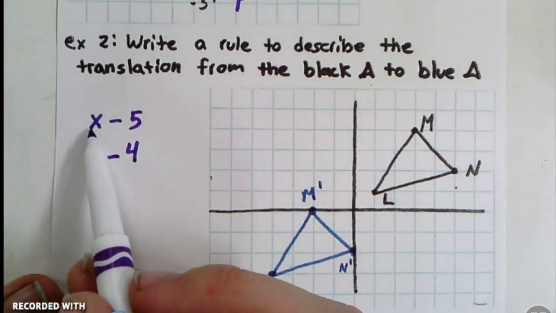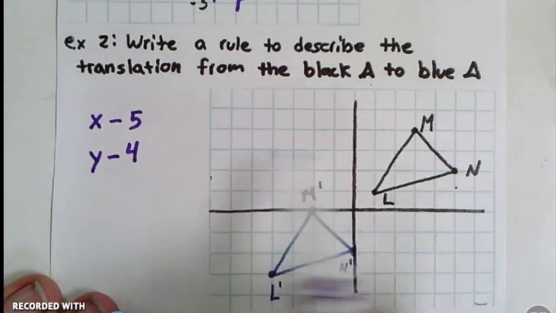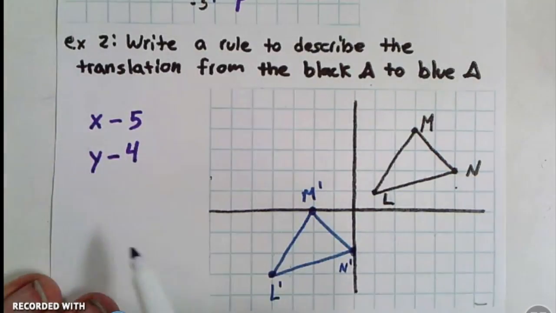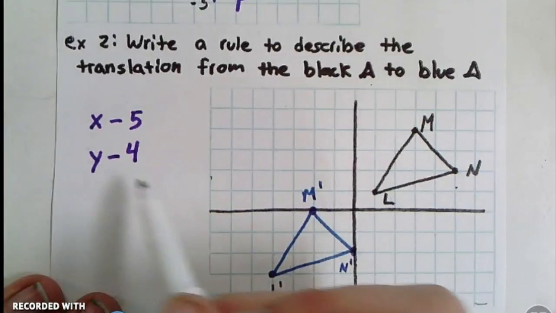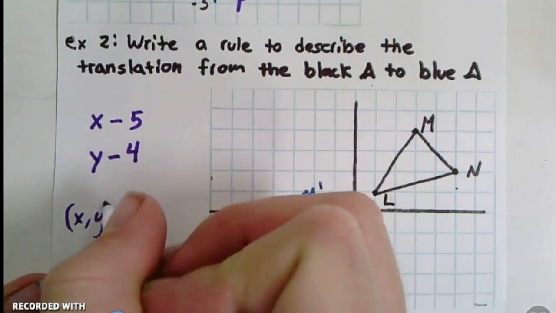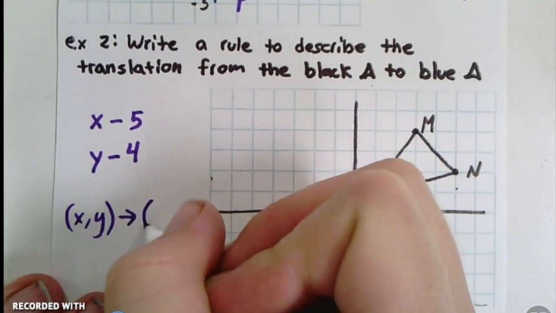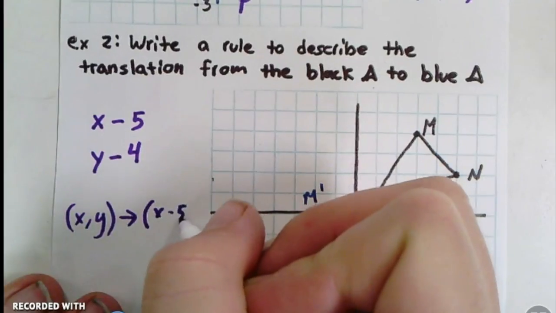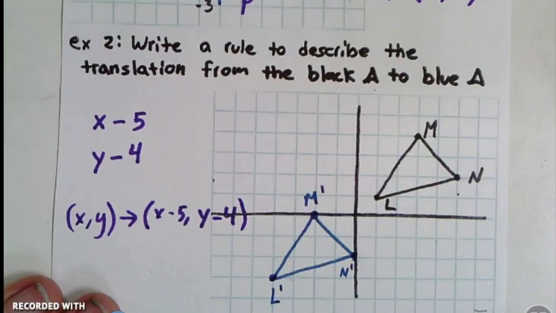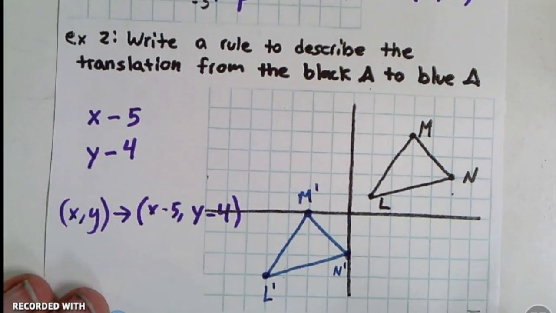Remember, X always has to do with going left and right on the horizontal x-axis, and Y always has to do with going up and down on the vertical axis. So in this case, I would write my rule as (X, Y) goes to (X minus 5, Y minus 4).